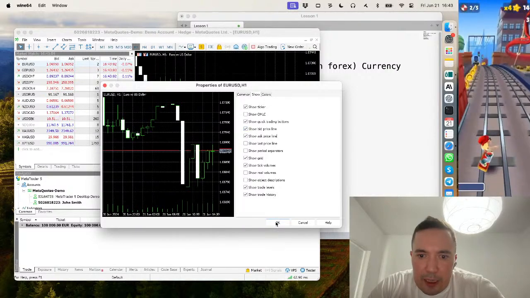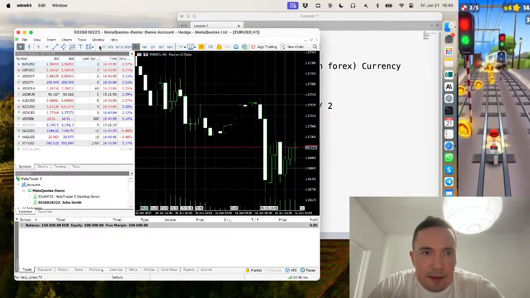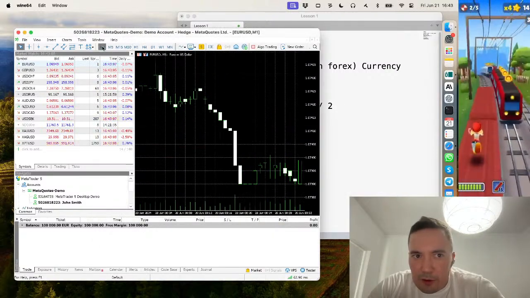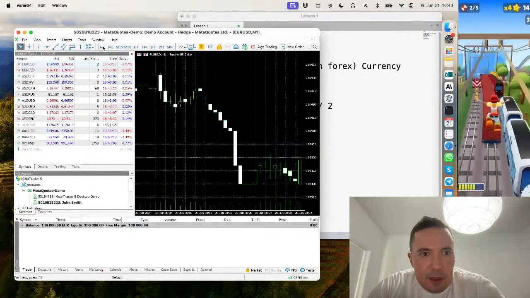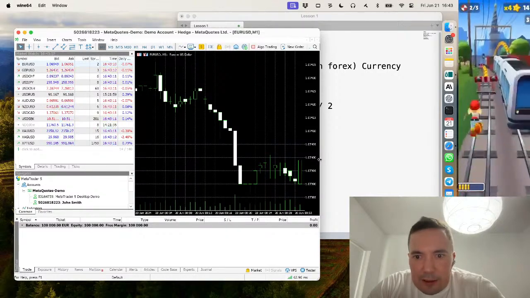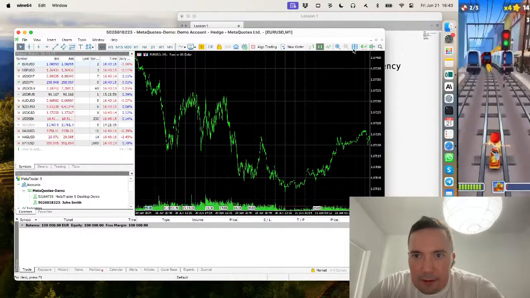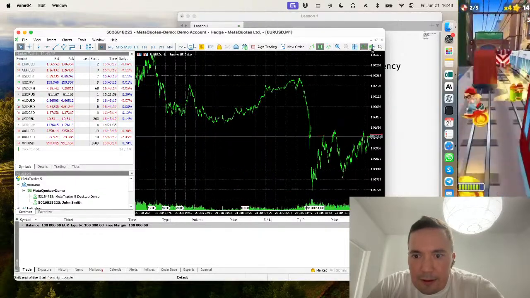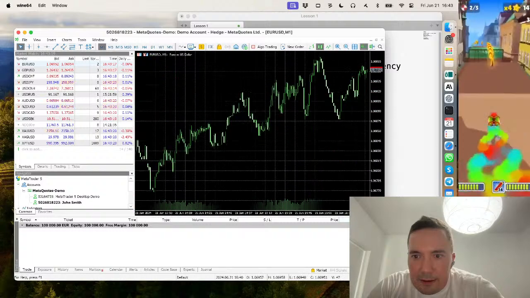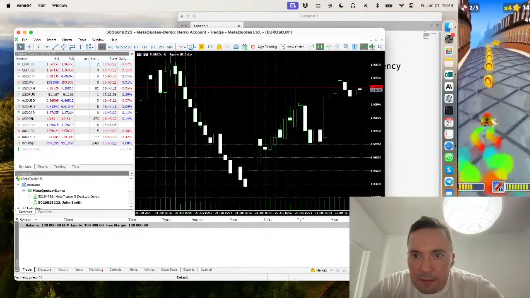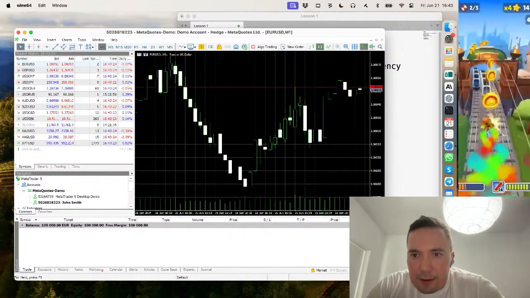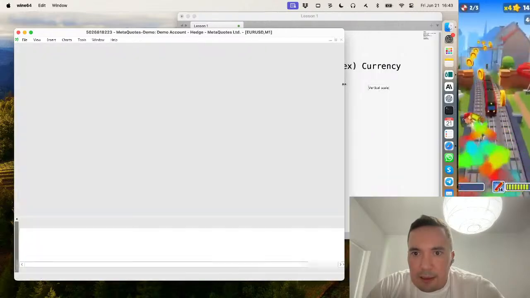I'm showing also the ask price line. And I will switch to minute chart so that we can see closer. How do I do it? Is it like this? Zoom in. So here you should be able to see.